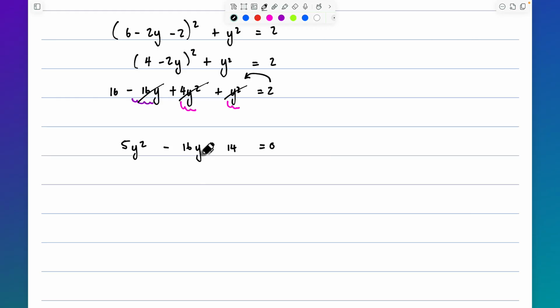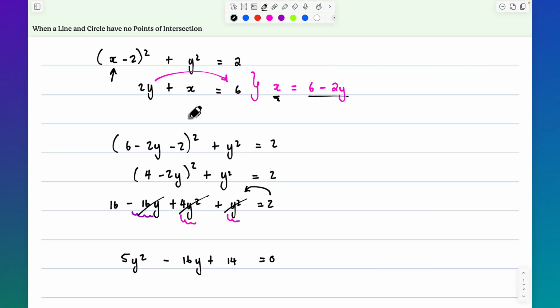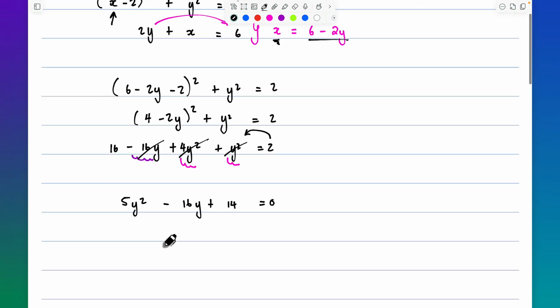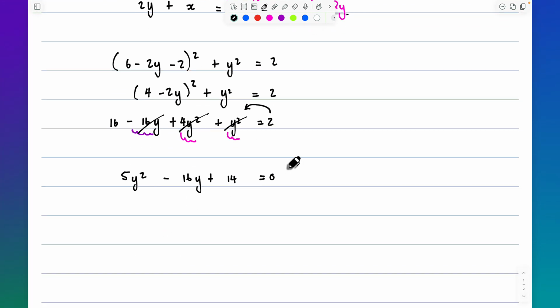And like we said in previous videos, when you're working out the point of intersection between a circle and a line, the resulting equation from that simultaneous equation is going to be a quadratic expression. We know that quadratic expressions have an a value, which in this case is positive 5, a b value, which is negative 16, and a c value, which is positive 14.